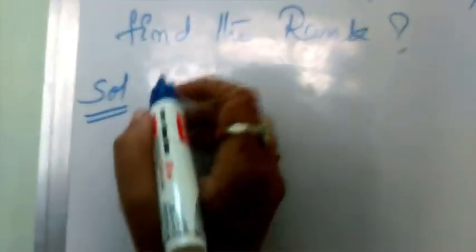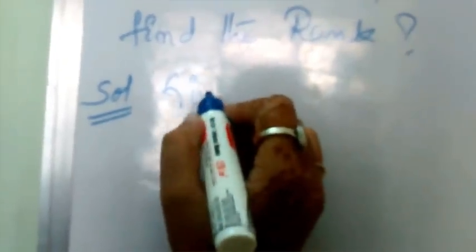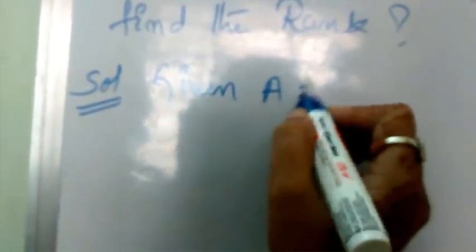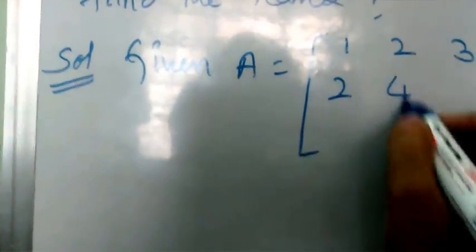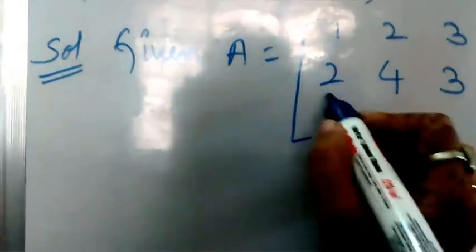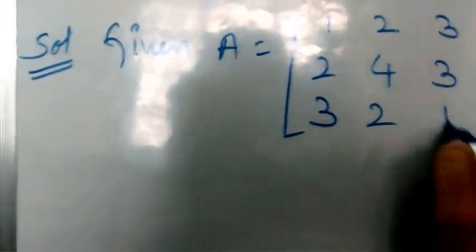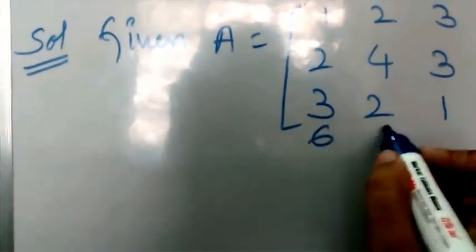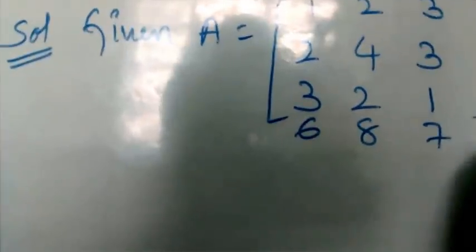The first step: the given matrix A is 1 2 3 0, 2 4 3 2, 3 2 1 3, 6 8 7 5.